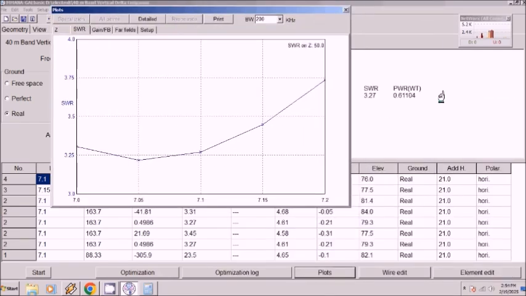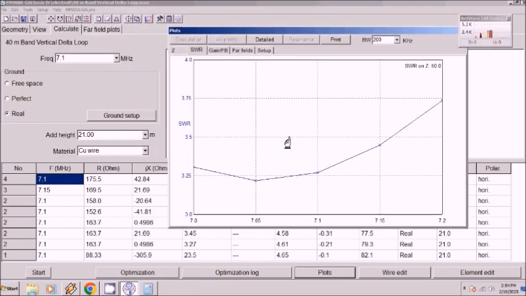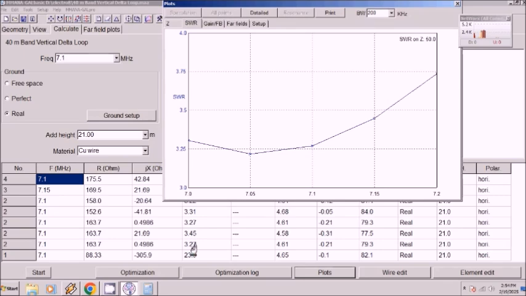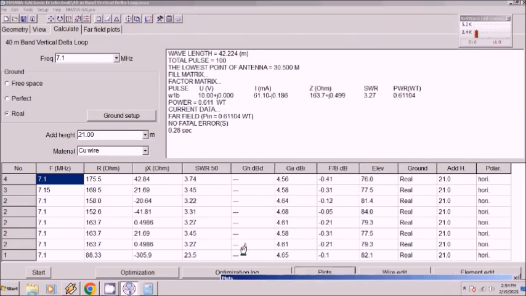Yeah, 3.2 is running from the antenna to the coaxial, before the impedance transformer. If you use the, okay, 3. We should check the data before 7.1.